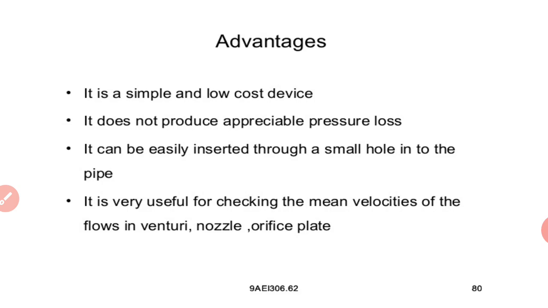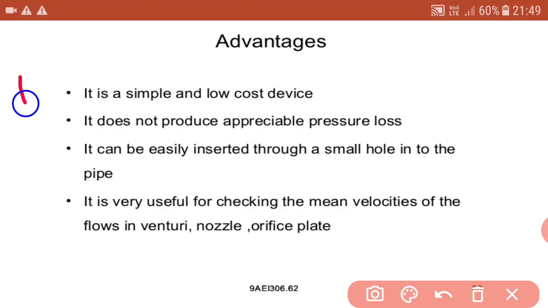Now, what are the advantages of measuring by this method? It is a very simple and low cost device. Another advantage is that it does not produce appreciable pressure loss. It can be easily inserted through a small hole in the pipe.